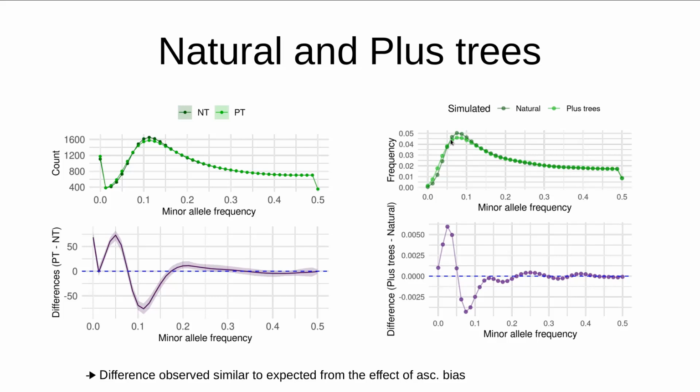And in our simulations, these 2 populations have exactly the same levels of genetic diversity. And you can see that in these simulations, we obtain the same patterns as in the real data. As such, we cannot conclude at this moment about the origin of the difference between natural and +3s in the real data, and we are conducting more analysis and simulations to try to determine whether these differences could be entirely explained by ascertainment bias or not.